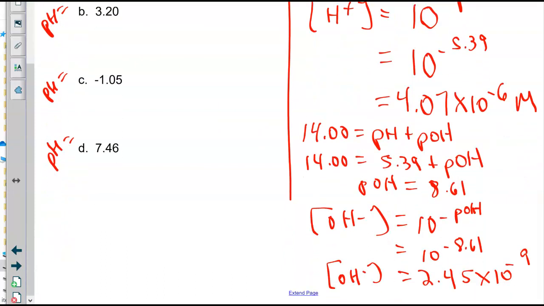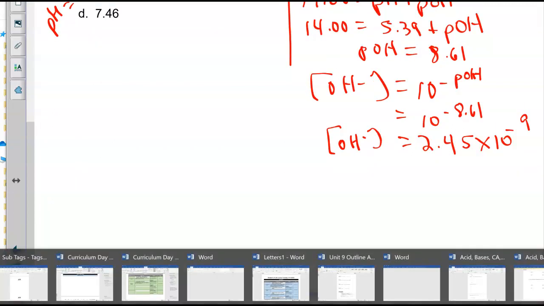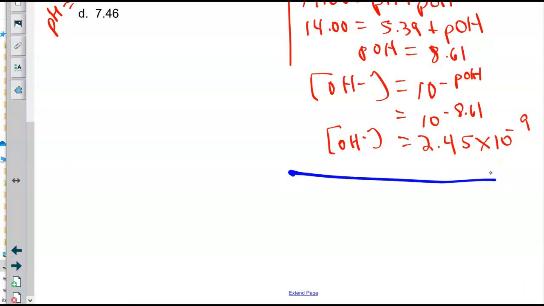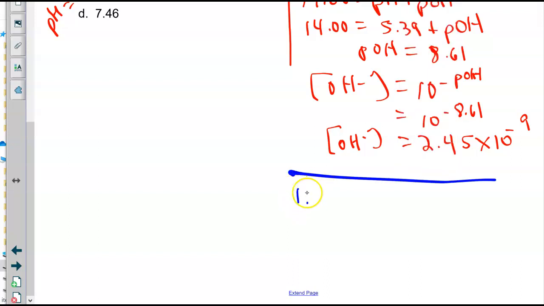Now another way that we could have done this, I'm going to change colors. Okay, another way we could have done this is we could have said 1.0, hold on, that's just too thick. It's going to be too hard to read my messy handwriting. 1.0 times 10 to the negative 14 equals H plus concentration times OH minus concentration.